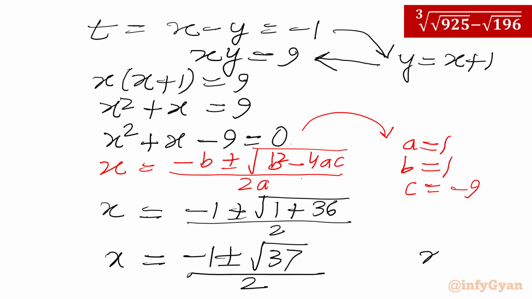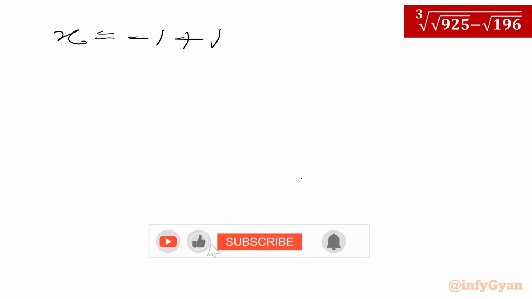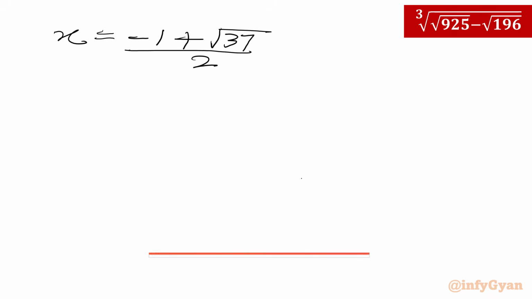Now we have condition on x. X must be positive. So we will pick the positive x and reject the negative solution. So I will write here x equal to minus 1 plus square root 37 over 2, which is positive.